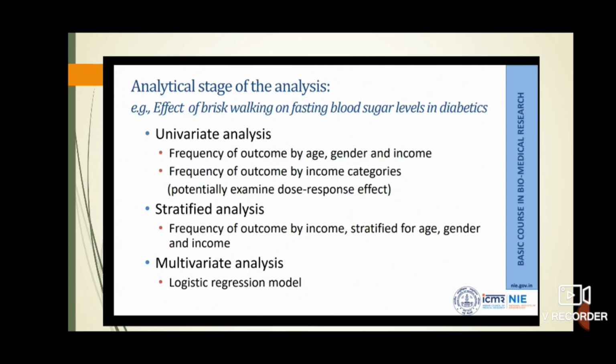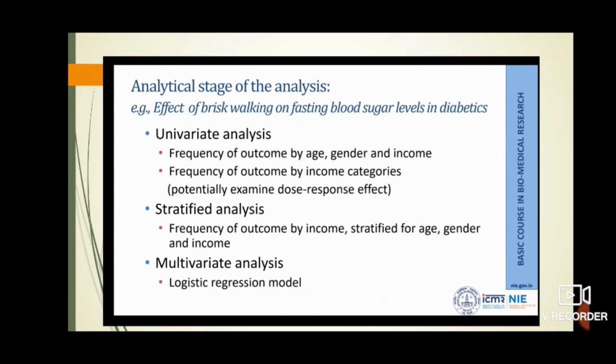The analytical stage consists of univariate analysis, like frequency of outcome by age, gender, income, or outcome by income categories, like that. Stratified analysis includes frequency of outcome by income, stratified for age, gender, and several other things.